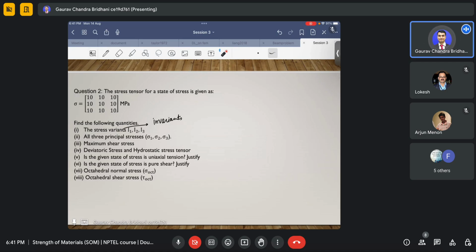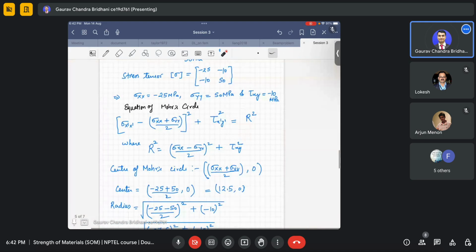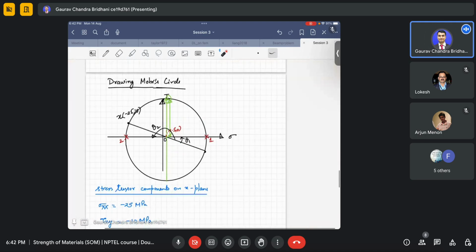They don't vary. I1, I2, I3 are called stress invariants, and they don't vary for a particular given state of stress, even if you change the representation of the stress tensor. You can see in this problem, I told that these all are planes.